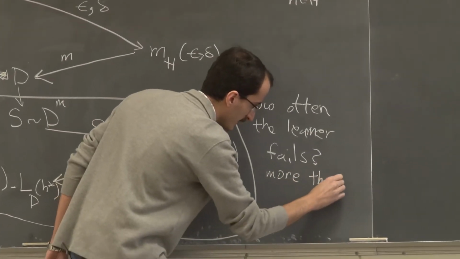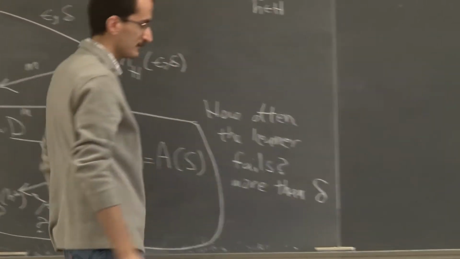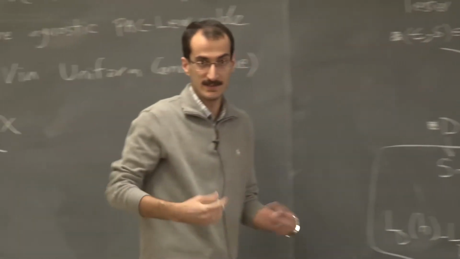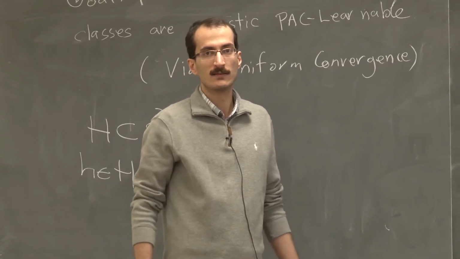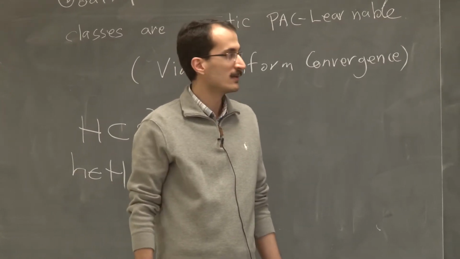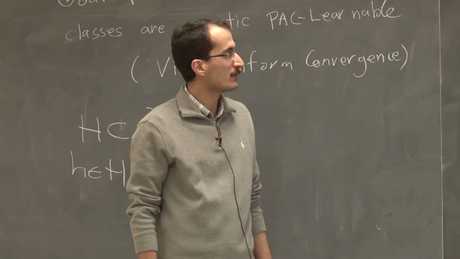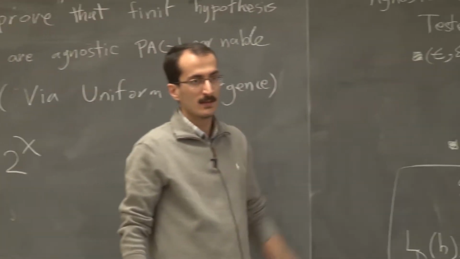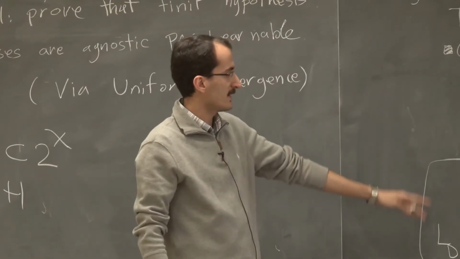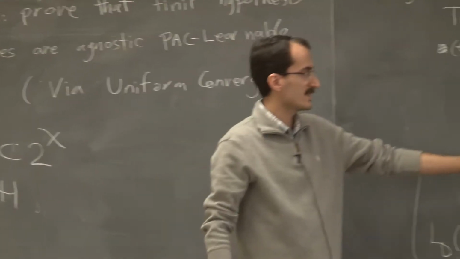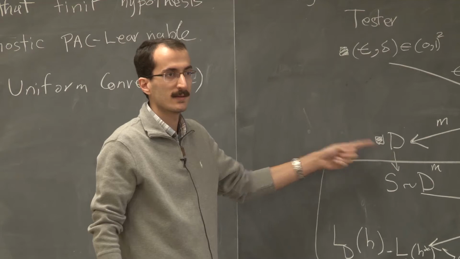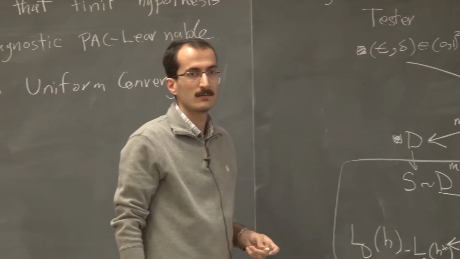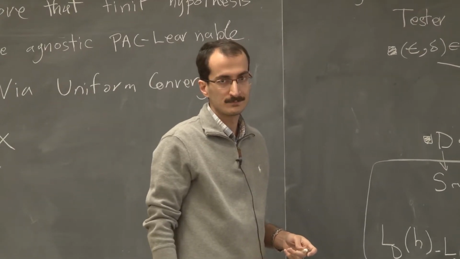Is it more than delta? If it is, then it was not a good learner, because that was the requirement. So the probability here is with respect to the distribution that the tester picked.